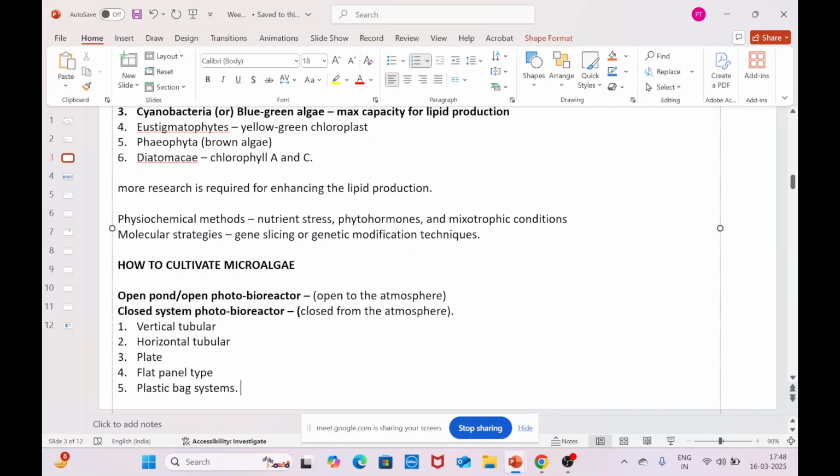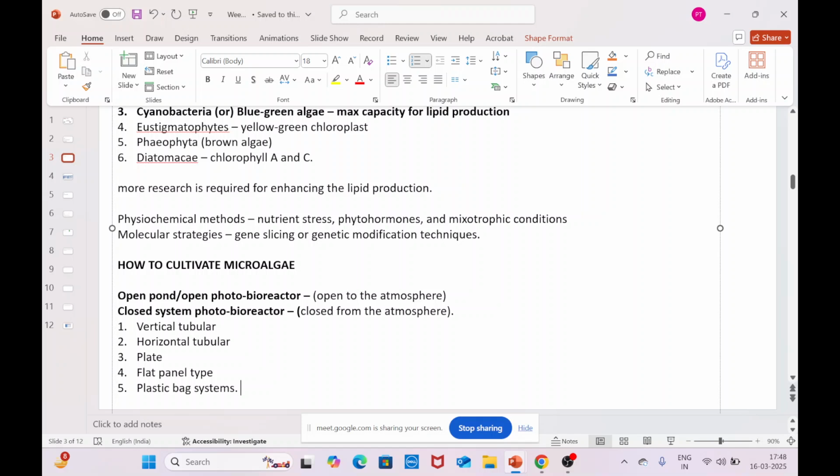So in one of these cases that you see here, either open or closed, degassing needs to be done. The primary reason is that when the system is undergoing the reaction, or when the algal growth is happening within the reactor system, there are chances that oxygen intervention is also possible.